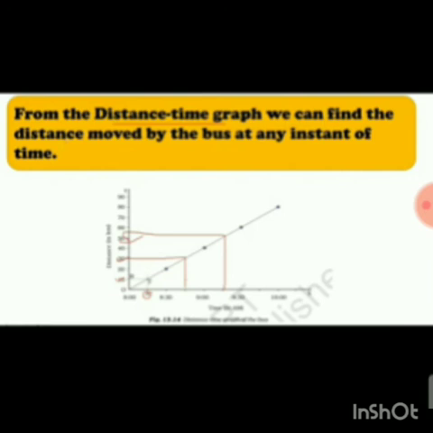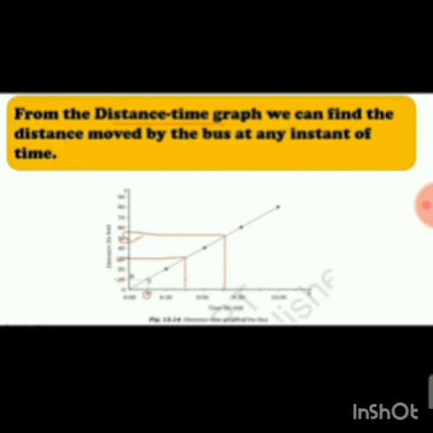If you want to find the distance at 8:15, you go to point A, which I have circled over here, and then draw across to the kilometers, that is 10 kilometers. Same if you want to find out for 8:45, you draw a line, and that will be 30 kilometers.